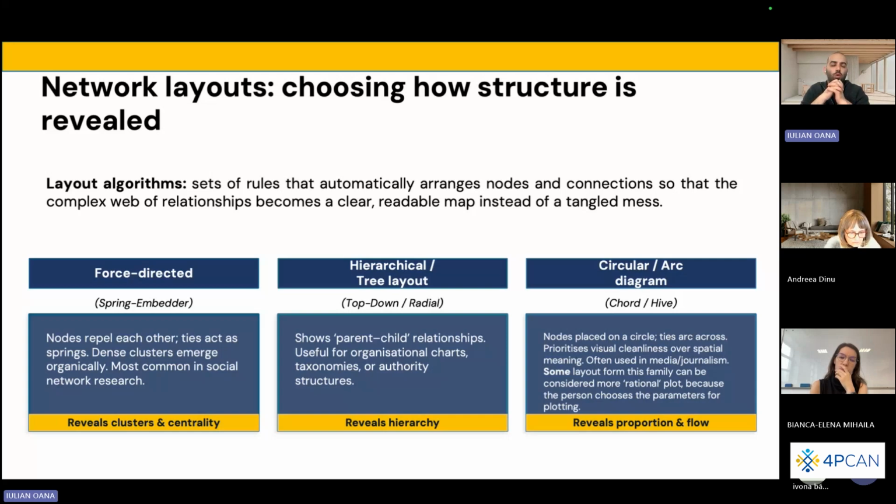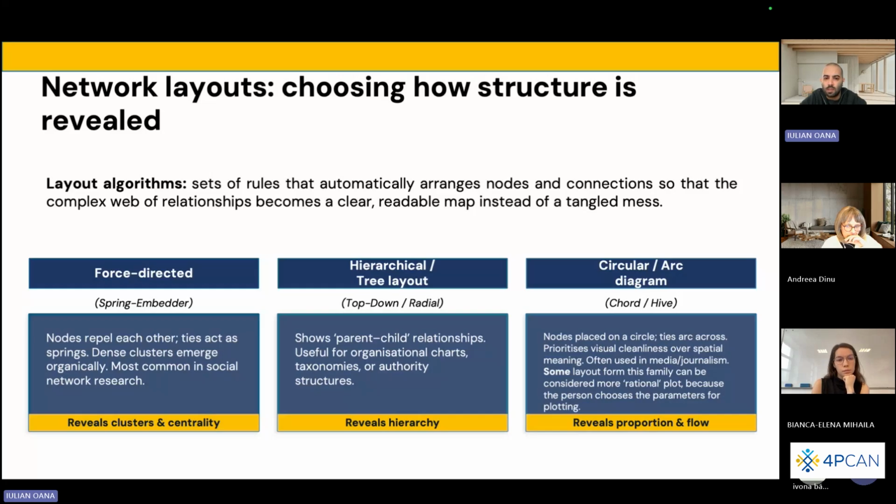Most commonly, you will find a layout called Fruchterman-Reingold. This is the default layout algorithm used in a lot of software. Kamada-Kawai is another common force-directed algorithm. So this is the first family, which is very common in social network research.